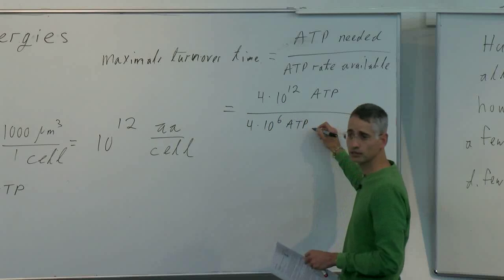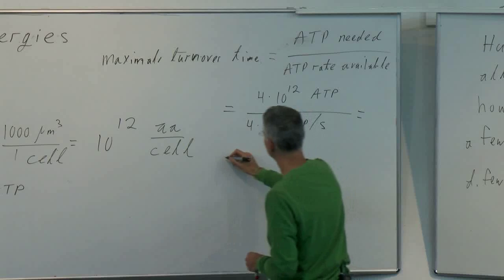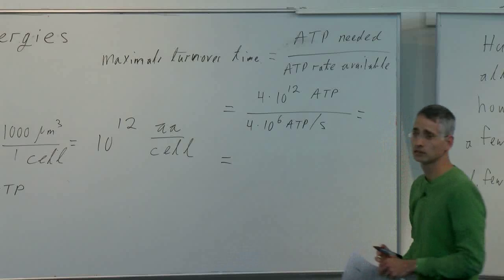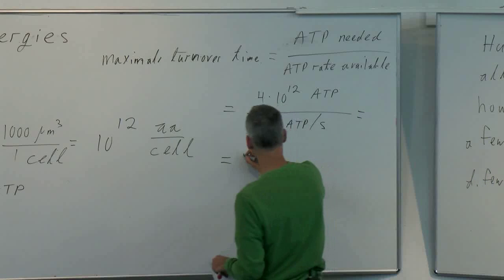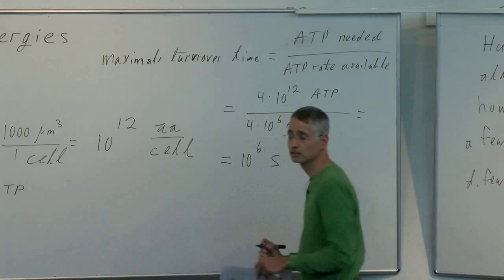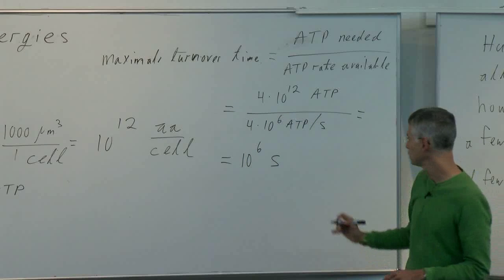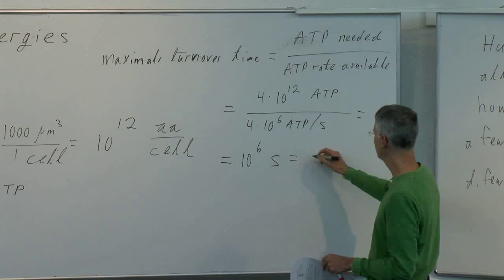What are the units here? Per second. Which brings me to what? Okay, so it's good that we chose 4, right? So this is 10 to the 6. And you see the units come out: 10 to the 6 seconds. What is 10 to the 6 seconds? It's about 10 days, right?